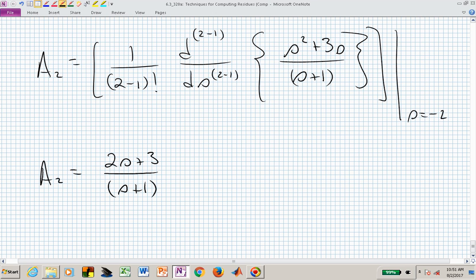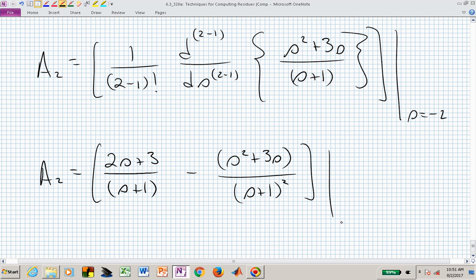Then we differentiate the s plus 1 to the minus 1 factor, which is minus the numerator times the denominator squared, essentially differentiating s with respect to s as 1, so that goes away, and now we have this all evaluated at s equal to minus 2.